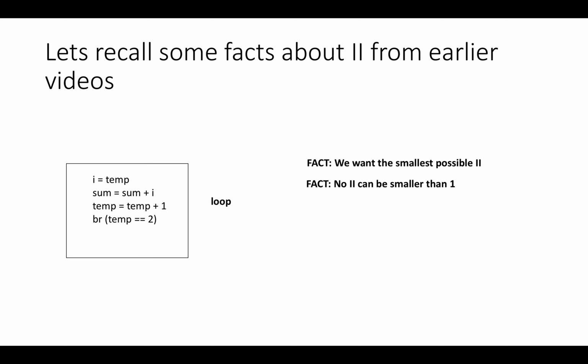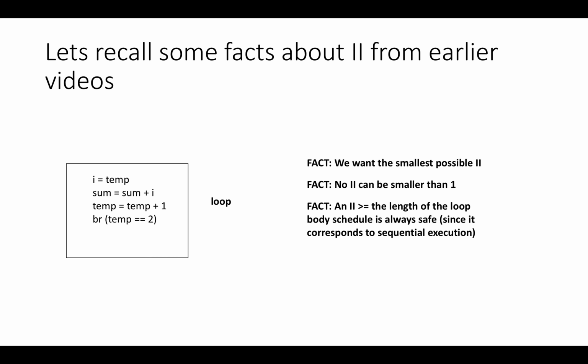The other thing we know, and which we saw intuitively on the last slide, but which we also talked about a few videos ago, is that an initiation interval greater than or equal to the length of the loop body schedule is always safe because it corresponds to sequential execution, right? We talked about how there's a practical upper bound given by the length of the loop body schedule on the initiation interval, because even though you could make an initiation interval much larger than that, any initiation interval as large as the length of the loop body schedule is technically sequential execution, or looks like sequential execution.